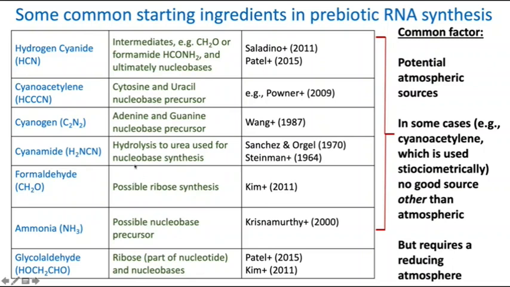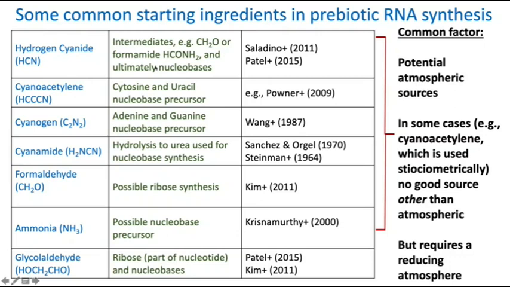And the important common element in these starting ingredients is that they are known to be produced in atmospheric photochemistry. In some cases, such as cyanoacetylene, which is used to make the pyrimidines, there is no source that is as plausible as an atmospheric source. So this motivates us to think about atmospheric photochemistry.